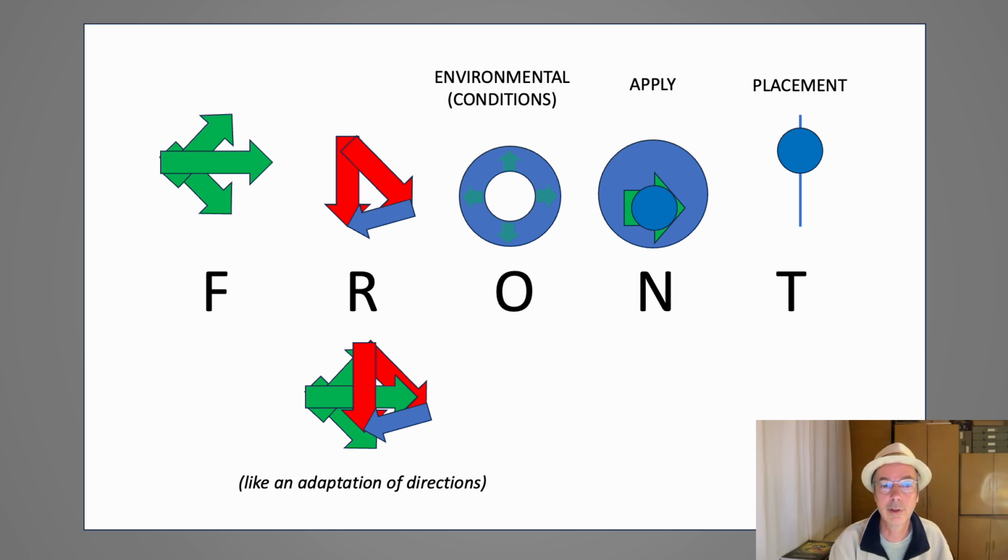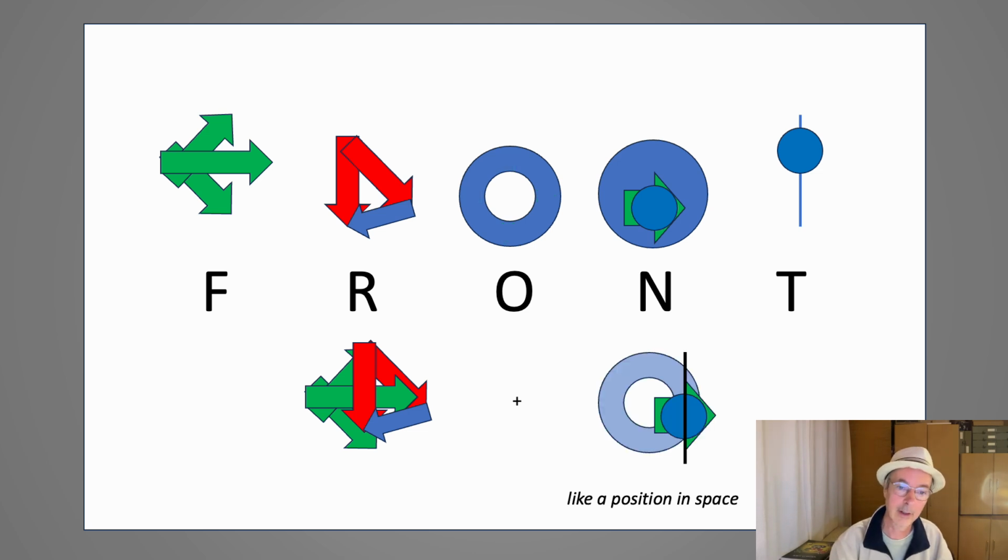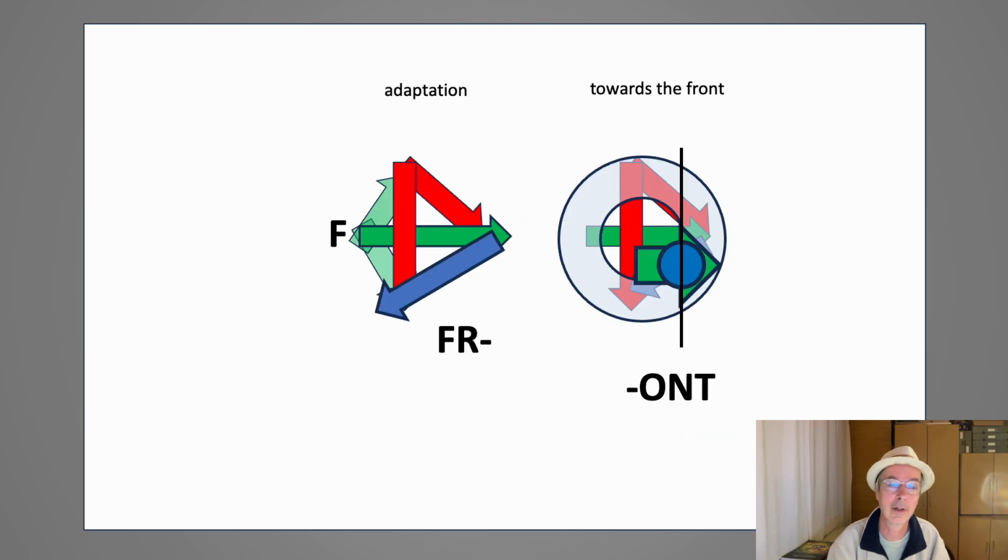So I will do this, the environment where I apply something and I place it. Then I have, of course, a position in space, a space in the environment, so also in around what I already have. So I have this adaptation of movements with the FR.